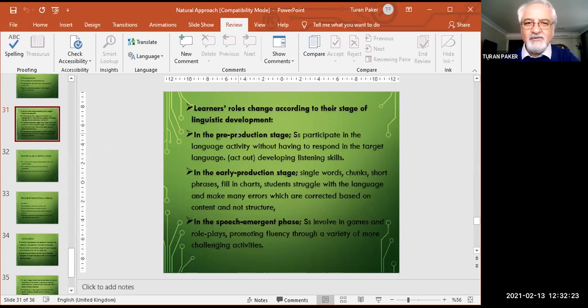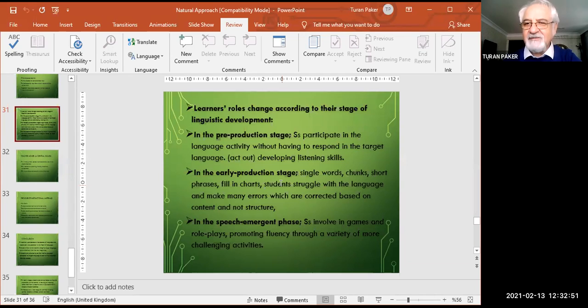In the pre-production stage, students participate in the language activity without having to respond in the target language by acting out, like total physical response. In the early production stage, single words, chunks, or short phrases, and fill-in charts, students struggle with the language and make many errors, which are corrected based on content and not structure.